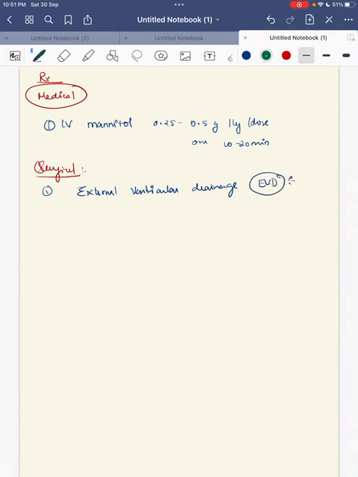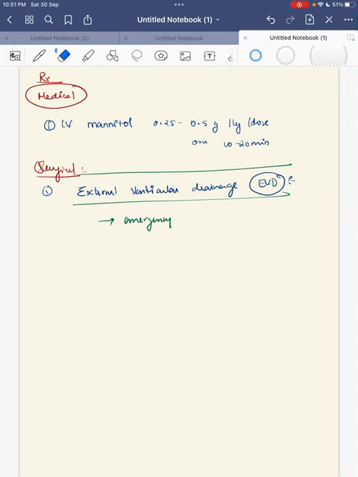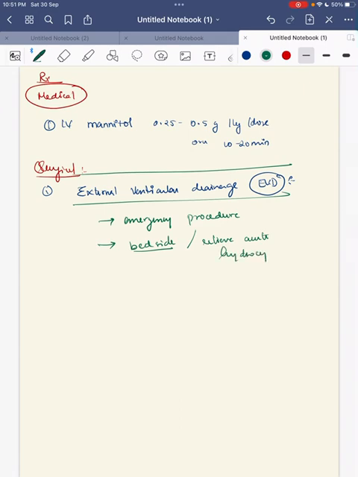It can be done even at the bedside or in the OT. It is done in an emergency way to relieve the acute hydrocephalus.